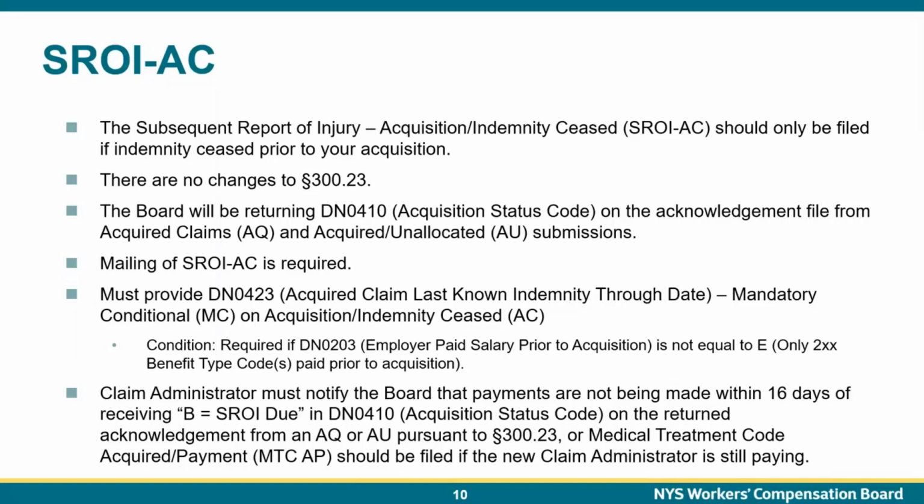letting you know that you're either going to have to file the Schroy AP, acquired payment, if you still have continuing payments or paying, or if you discovered the last claim administrator had actually suspended payments but never actually filed the suspension, that's where this Schroy AC is now helpful. You'll be able to file that, and you'll actually include in there DN423, acquired claim, last known indemnity through date.